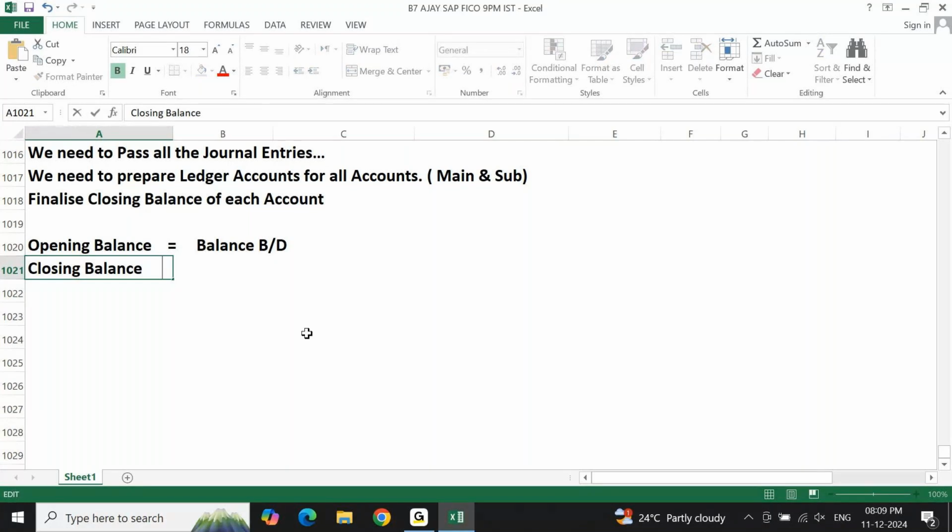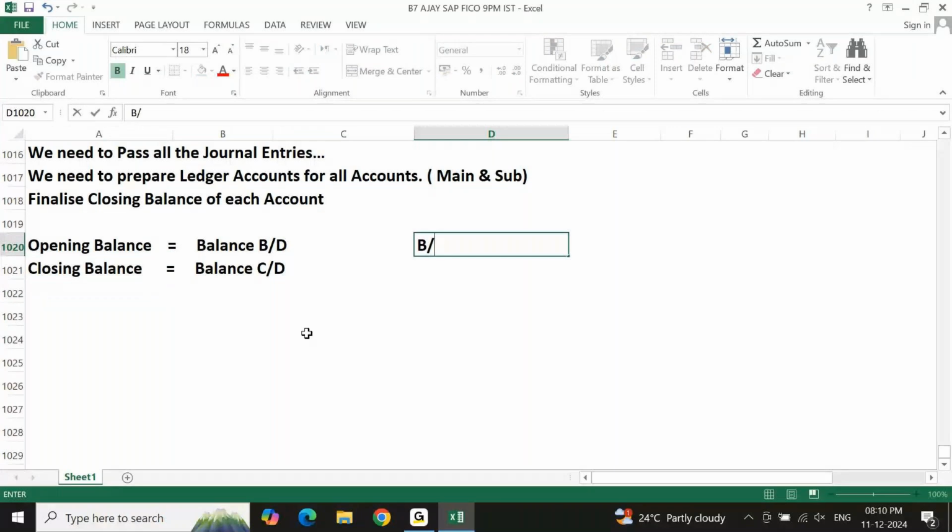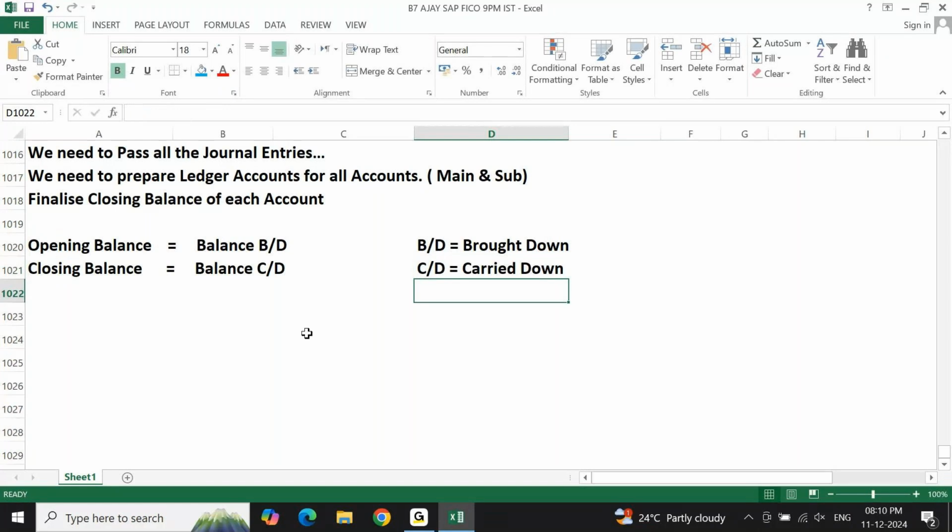In our manual accounting, we would have done something called balance C by D, carried down. So B by D is equal to brought down, C by D is equal to carried down. The same thing is represented as opening balance and closing balance.